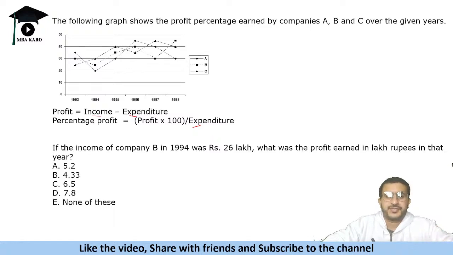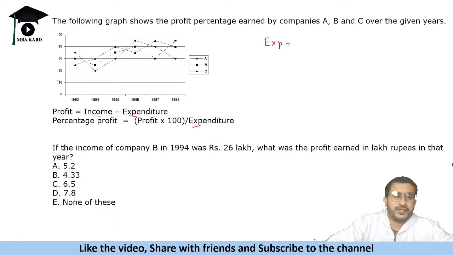So let us try to understand it. So percentage profit is based on expenditure. So let us say expenditure is 100. So let's understand how to read the graph. Let's say 1993 में we are looking at this triangle which is C. ठीक है, 1993 में C देख रहे हैं, which is 25% profit.